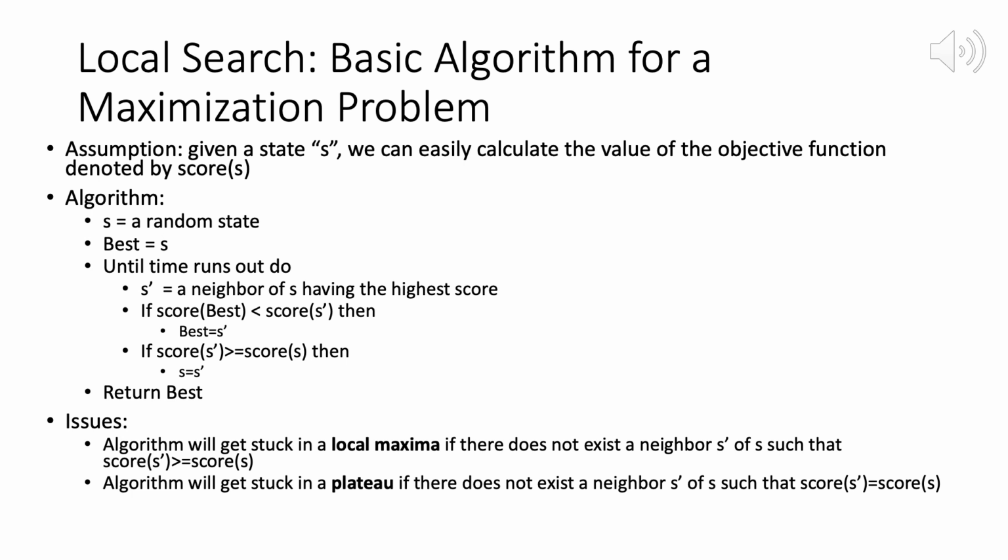Okay? If the neighborhood function does not have a polynomial computational complexity, then the overall complexity of each move will be exponential. Okay? And the algorithm will become impractical. Same applies to the time t required for computing the score. Okay, so computing the score should also be polynomial along with the neighborhood function.